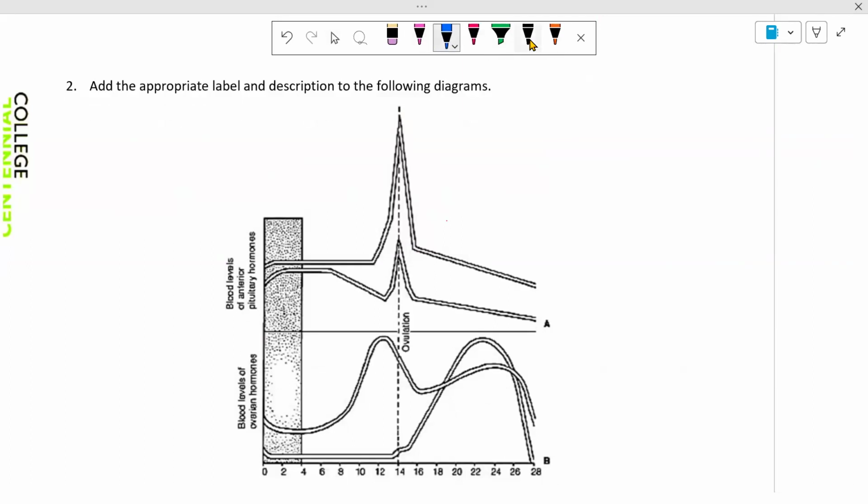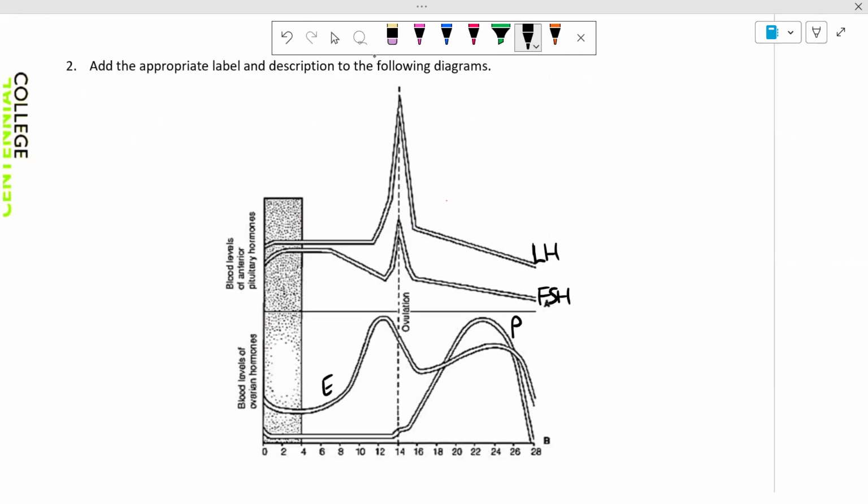Sorry, no, this is the LH, the luteinizing hormone. This is the FSH. Estrogen here and progesterone here. So let's see what happens.